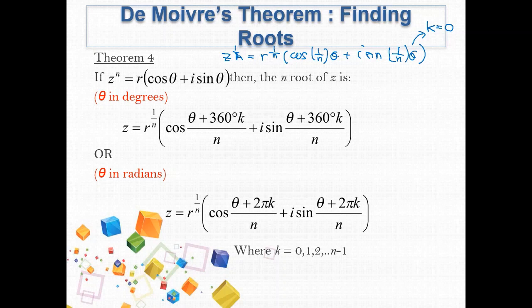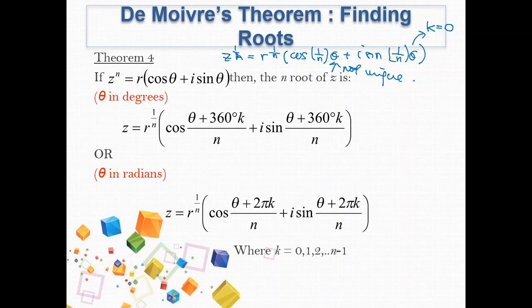Now we want to modify this equation to become general, because we know that our theta is not unique. So we create a formula or equation so that it will become general and can be applied for all k.